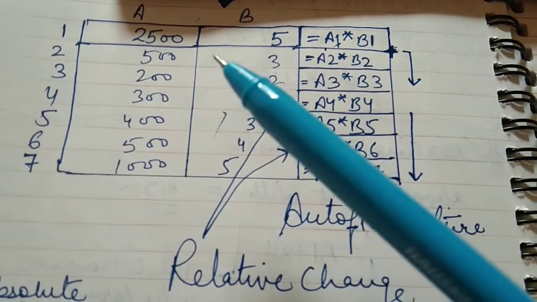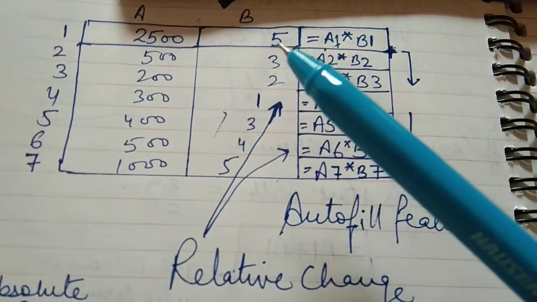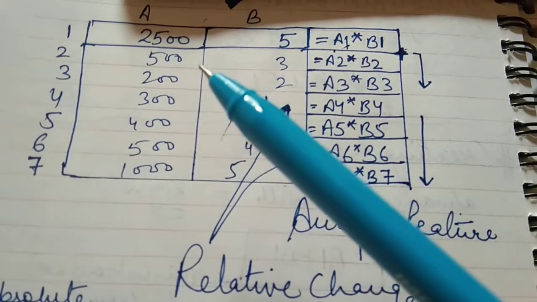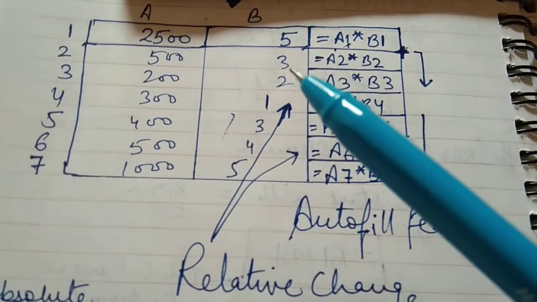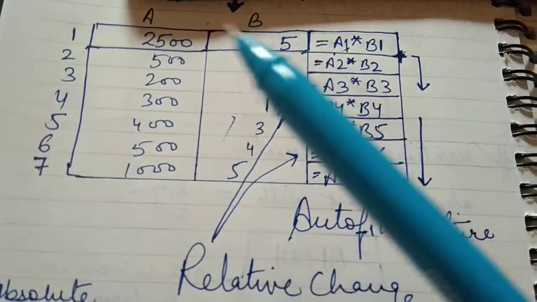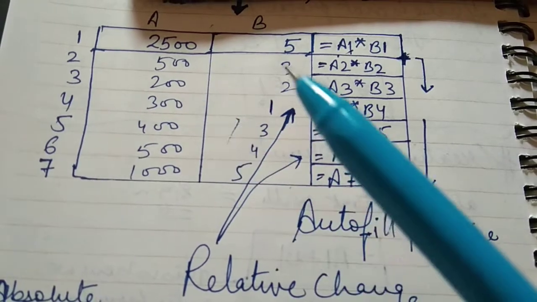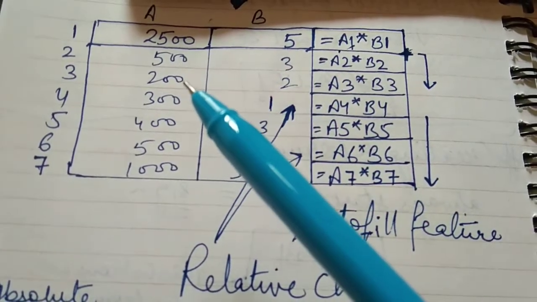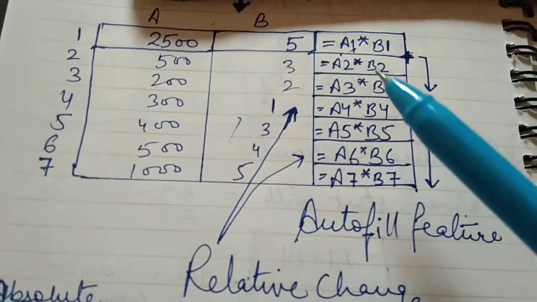Suppose A1 was 2500 and B1 was 5. So when we drag it down, A2 will be 500 and B2 will be 3. So we calculate 2500 into 5, 500 into 3, 200 into 2, 300 into 1, like this, the column number and the row number will be changed.